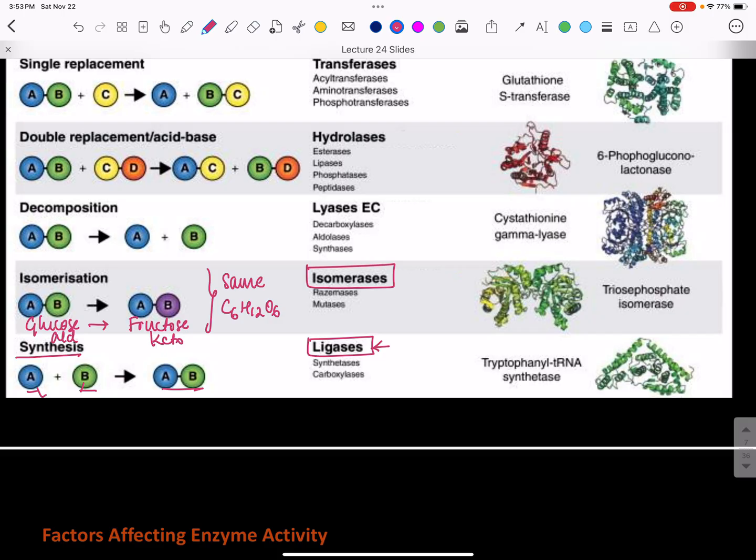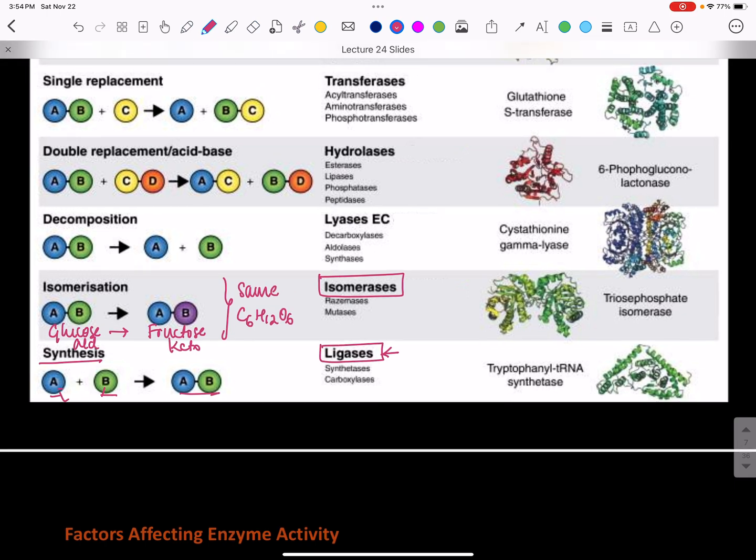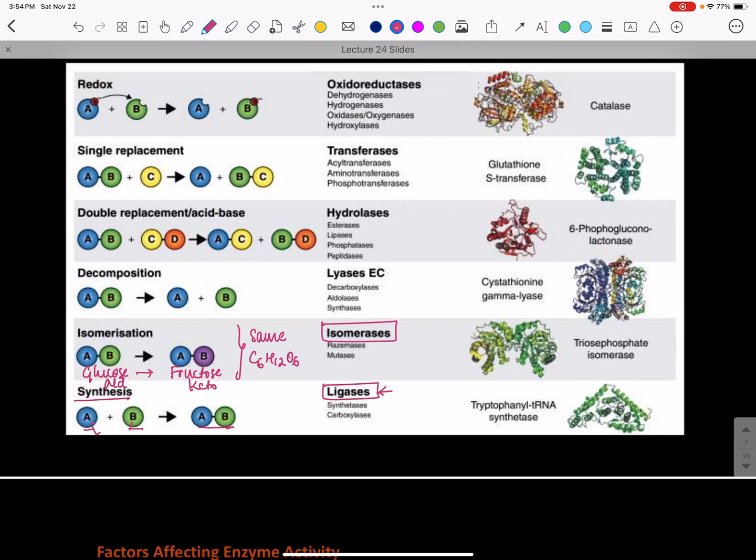All it does is condense two molecules together, and if it is a dehydration reaction, it is going to release a molecule of water. But sometimes you need not have a water molecule being released. It's just pure bond formation between A and B.